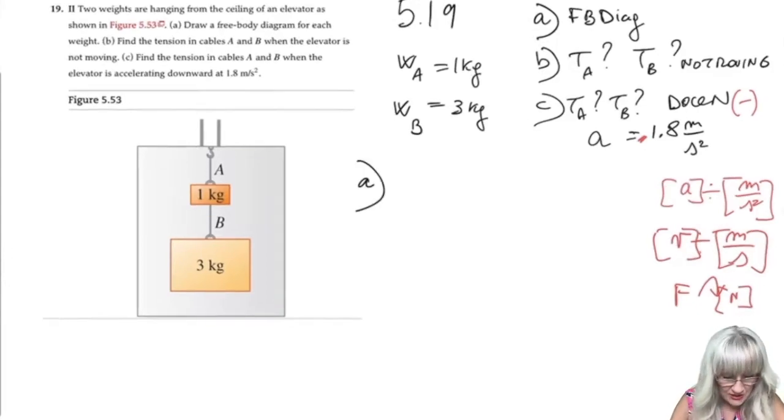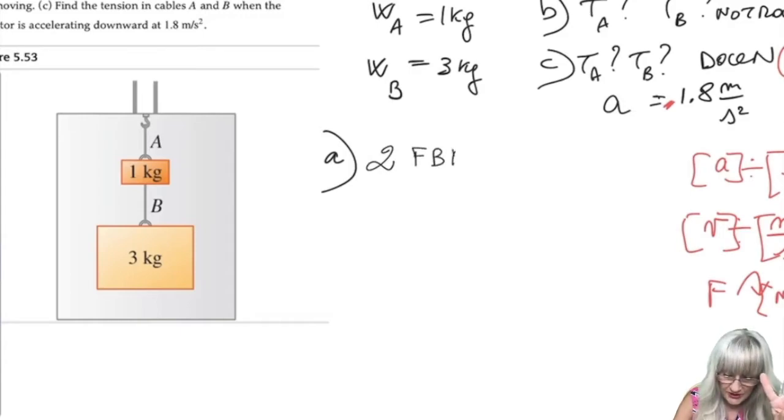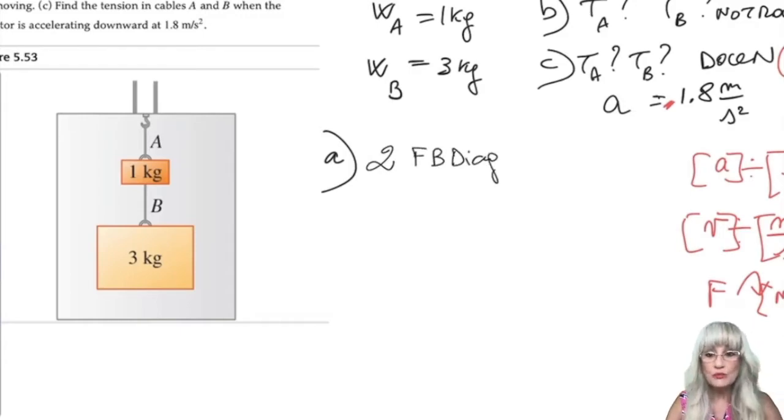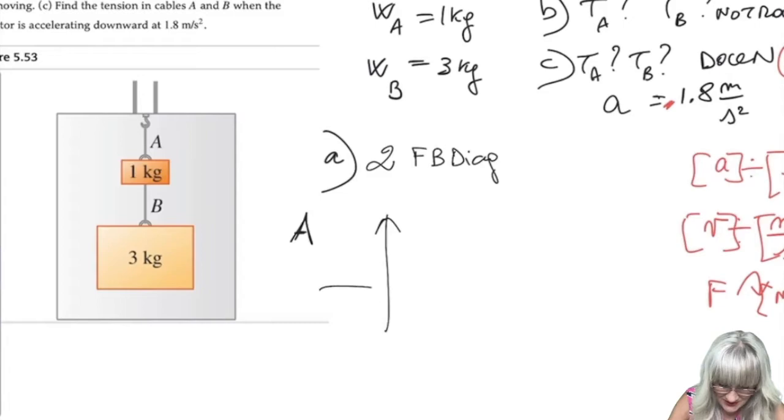So imagine that there are 2 bodies. So I'm going to do 2 free body diagrams. Again, 2 bodies, 2 free body diagrams. I'm going to start with object A. So here's my Cartesian axis. I'm going to place object A right here at the center. And what do I see?